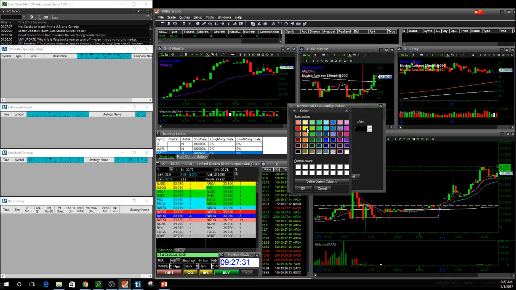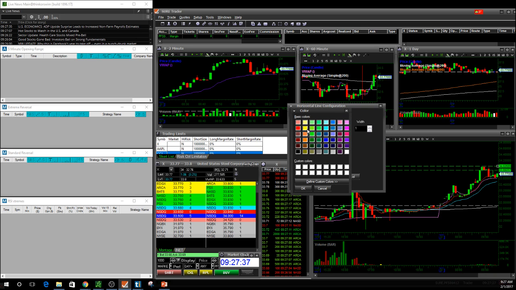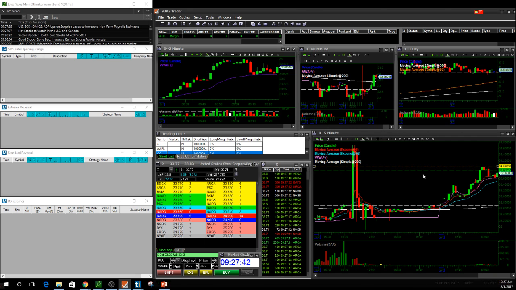Let me make this yellow so I'll know that this is the 50-day. Yep, that's the 50-day from the daily.